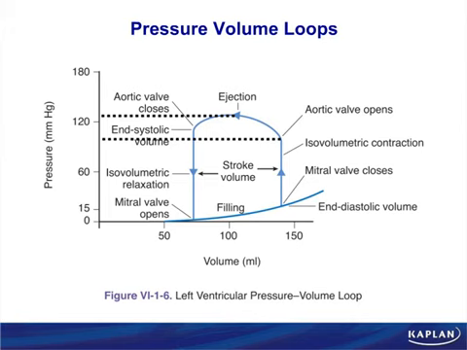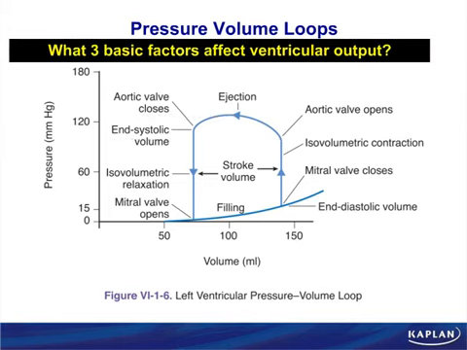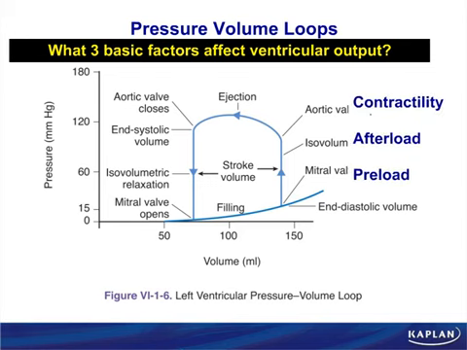We will get there. All right, can we recall what three basic factors affect ventricular output? I hope you tipped your cap to the ventricle for keeping you alive. Yep, contractility, afterload, and preload. They're going to be on pressure volume loops.